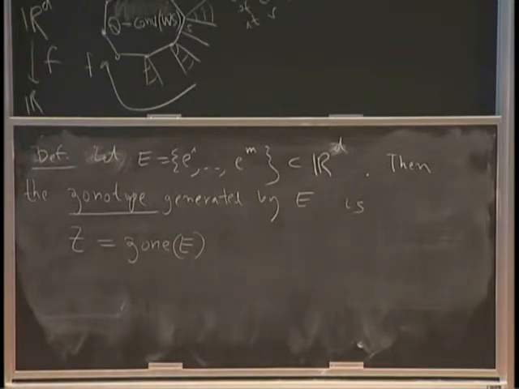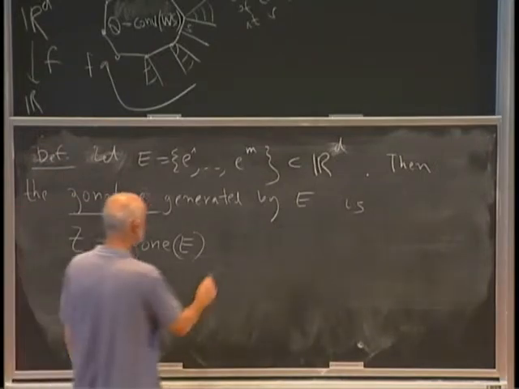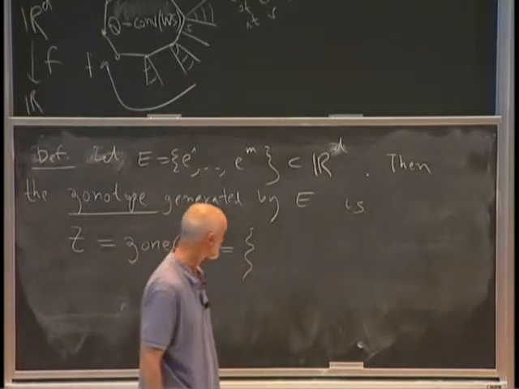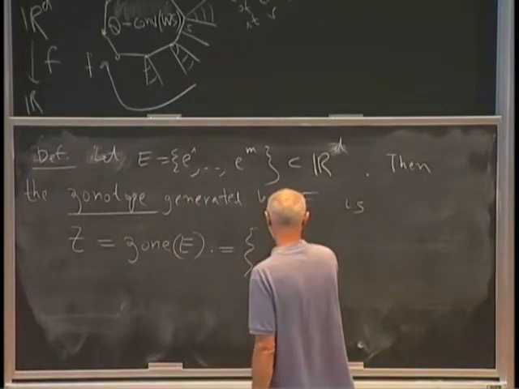You've seen this last week. But the zonotope is a certain polytope. There are several ways to define it. Let me use the 0-1 version. It's nicer to draw pictures.